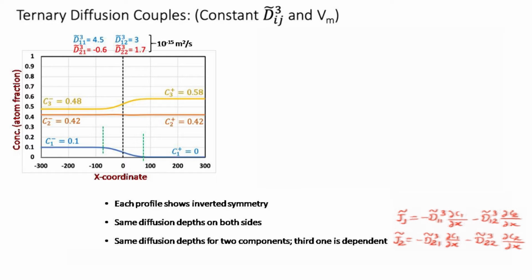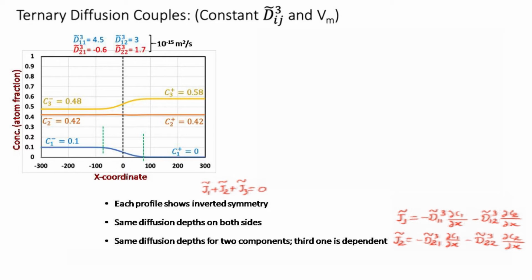And in a ternary case, since there are 2 independent components and the third one is dependent, for a constant value of V m, we have J 1 tilde plus J 2 tilde plus J 3 tilde equal to 0.